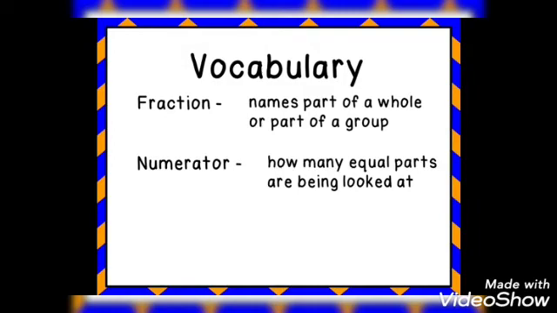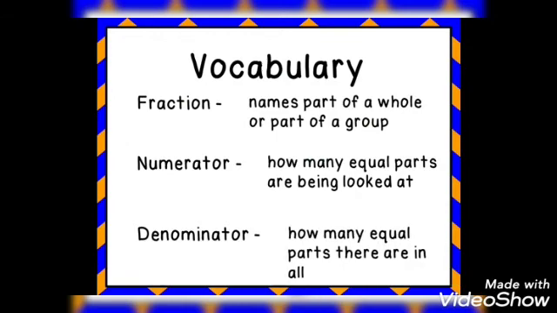Then we also have the other word that we have been using in fraction, that is denominator. So what does denominator mean? How many equal parts are there in all? So these are the three words that we are using regularly, and we will have to understand the meaning of these words.